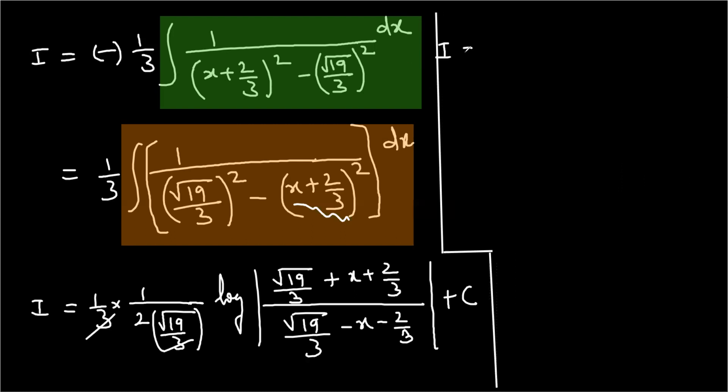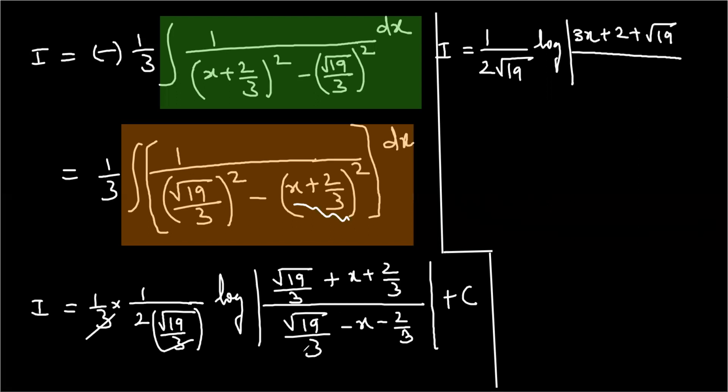I equals 1 over 2 root 19, log of, 3 is the LCM, so I get here (3x plus 2 plus root 19) upon, 3 is the LCM even in the denominator, (minus 3x minus 2 plus root 19), plus c, and those 3s in the denominators cancel.